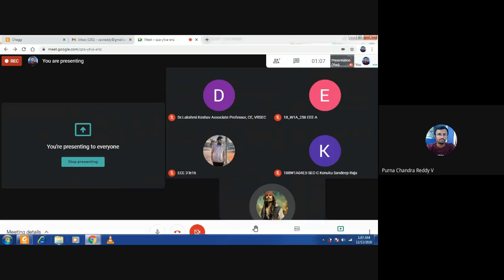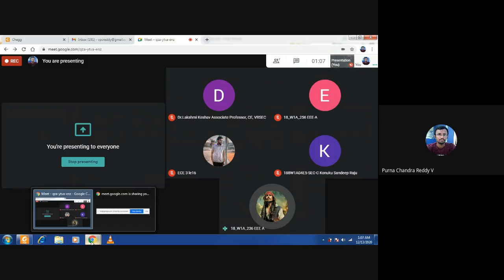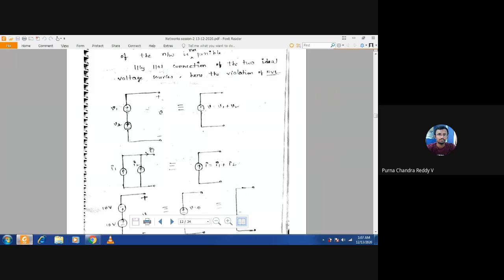Please respond. So, whenever two current sources are connected in parallel like this, is there any necessity that I1 must be equal to I2? No, sir. No, there is no necessity.